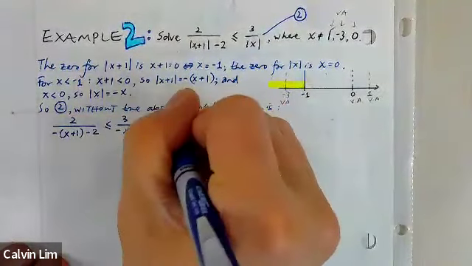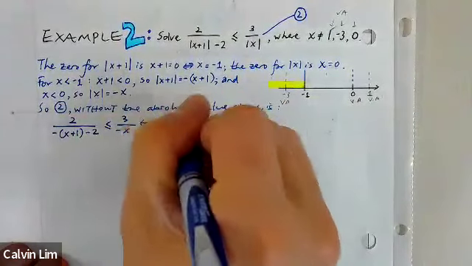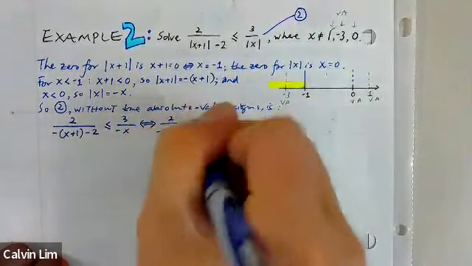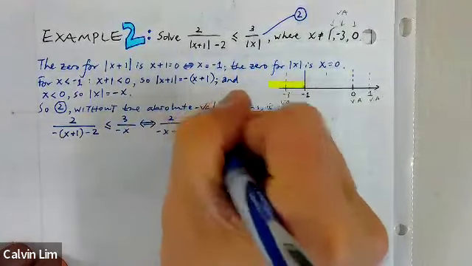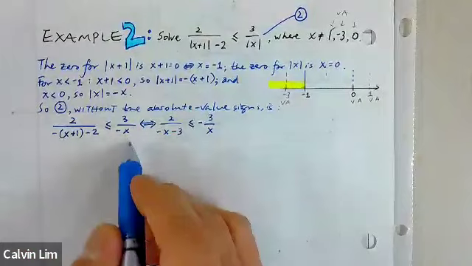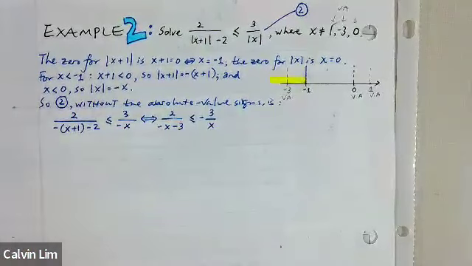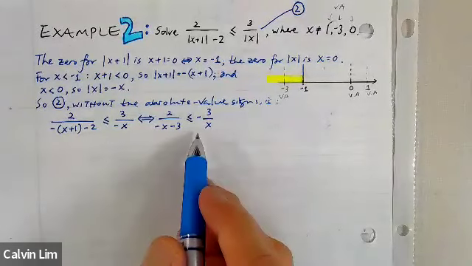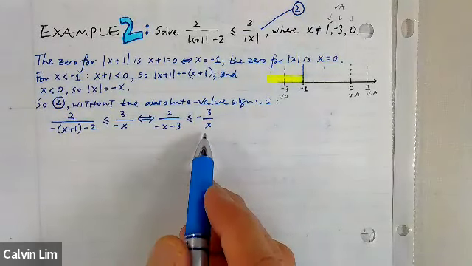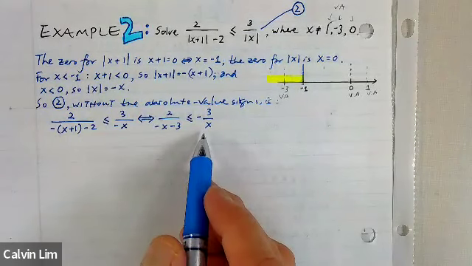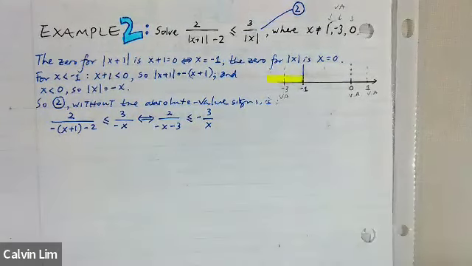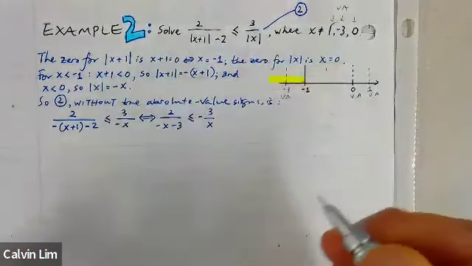Simplifying this gives me 2 over -x minus 3 less than or equal to -3 over x, right? 3 over -x is the same as -3 over x. So now, remember when you solve a rational inequality, can you cross multiply? Generally not, right? Unless you know for sure that whatever expression involves the independent variable is either positive or negative, not both. But you still have to make one side of the inequality 0.